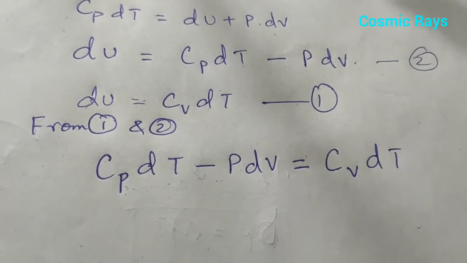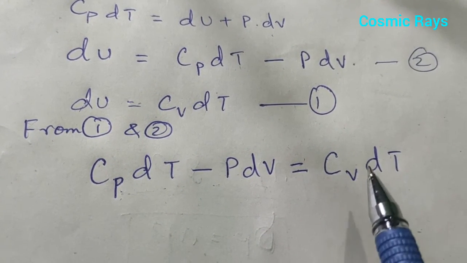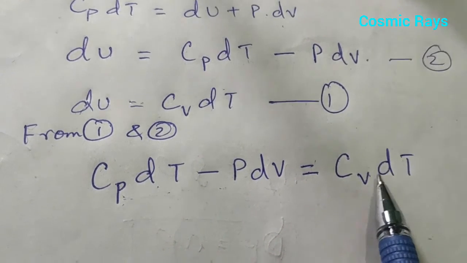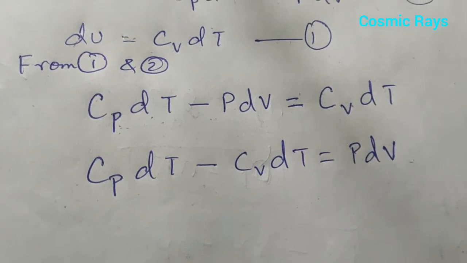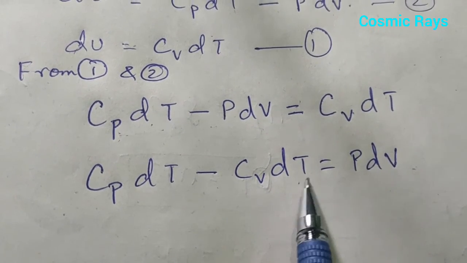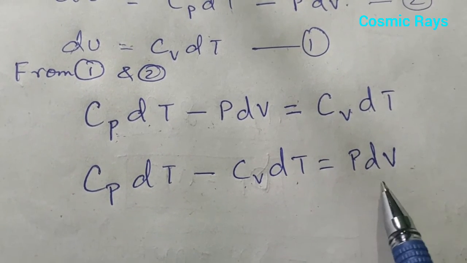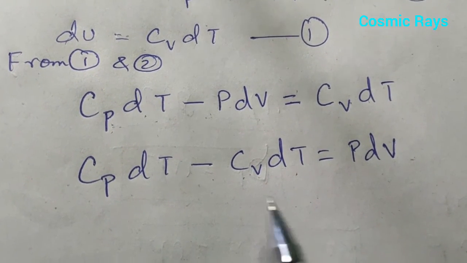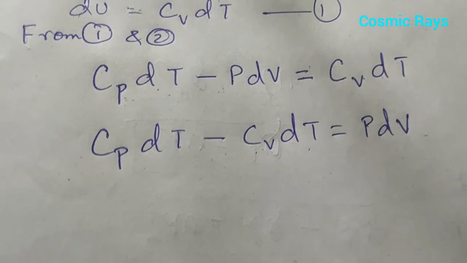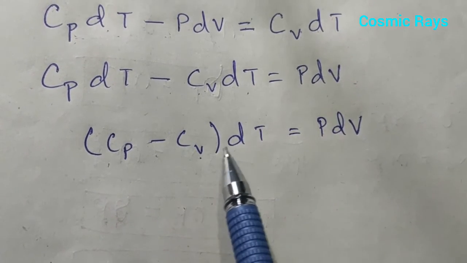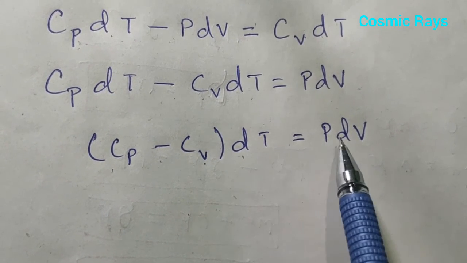Now we bring this term to this side because this also contains dt and this also contains dt. So we will have Cp dt minus Cv dt, this coming to this side becomes minus, and this minus P dV going to the other side becomes plus P dV. Now here we can take dt common, so we have Cp minus Cv, with dt taken common, equal to P dV.